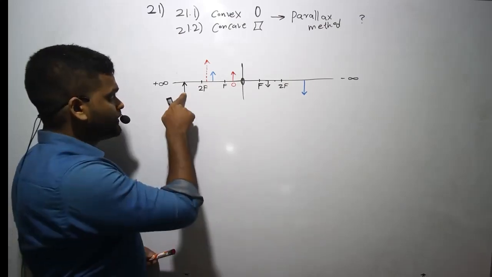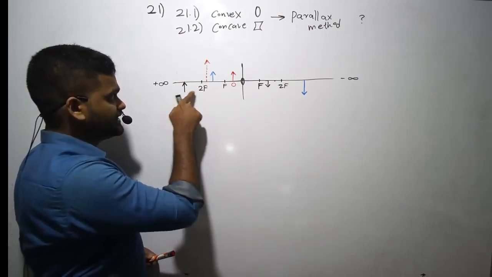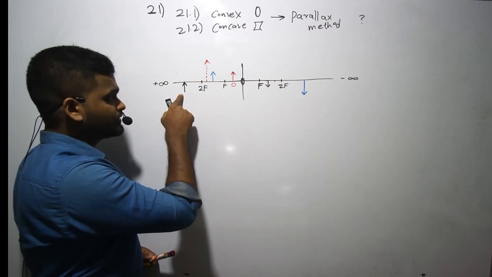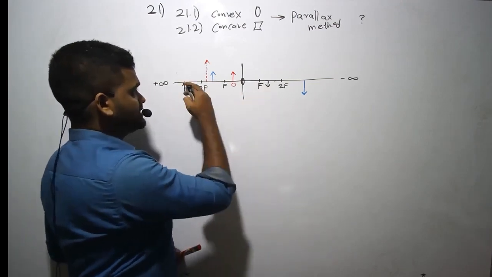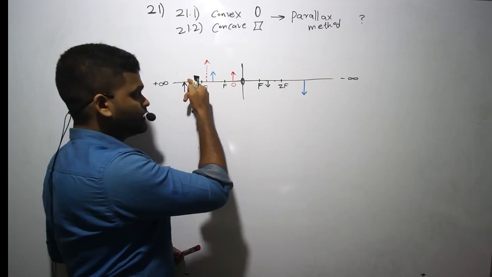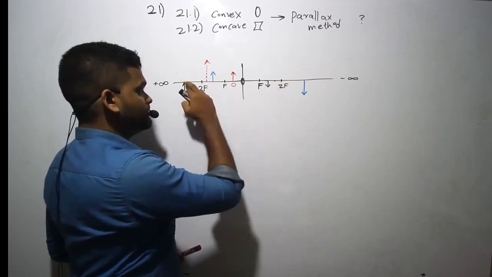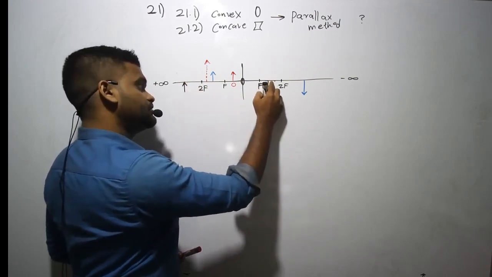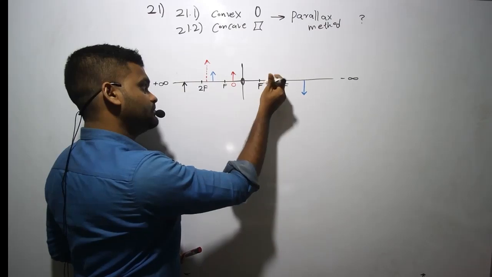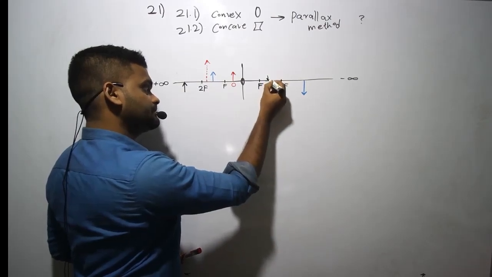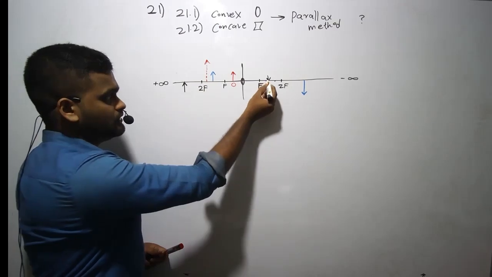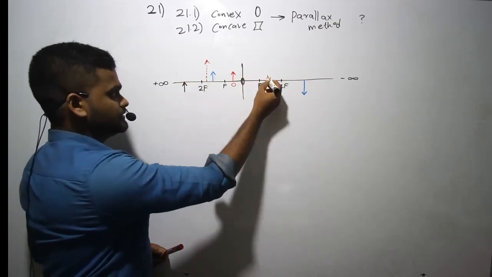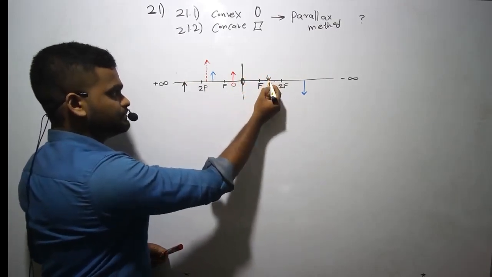When you place the object here like this, the image is inverted. Inverted means you have to flip the object, and it should be between F and 2F. So the image would be something like this, small and inverted. When it is inverted, the tip is here.